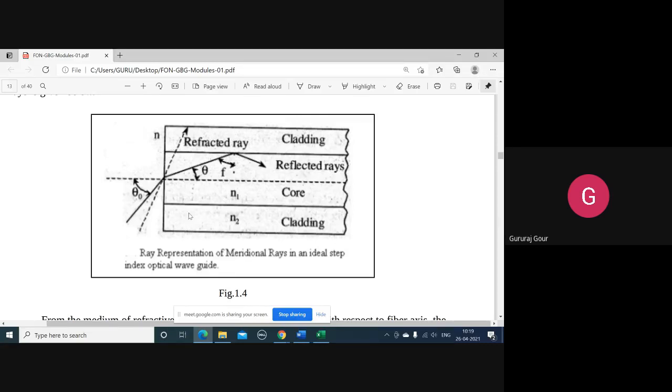You are observing only a single ray is shown. That's what single mode is. We are not considering multiple rays. Again, it is going to be another topic to be discussed.